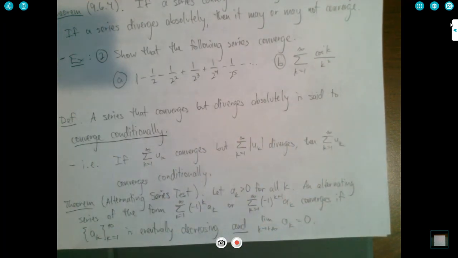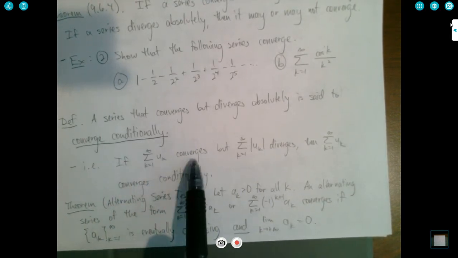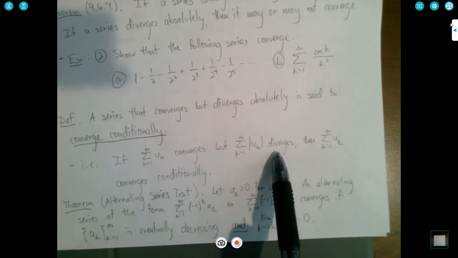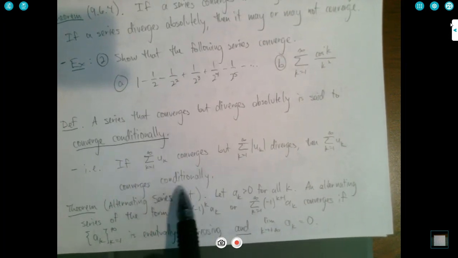I know this is probably starting to get a little confusing, so let me rephrase that. If you have a series that converges, but the series of absolute values diverges, then we say that the original series converges conditionally.